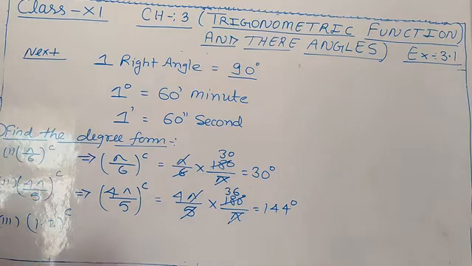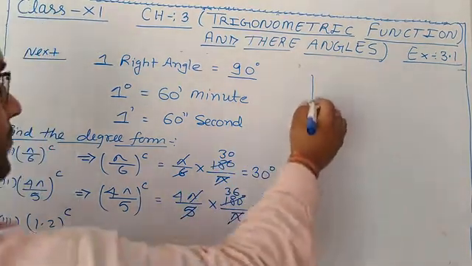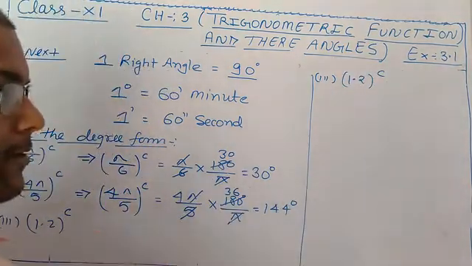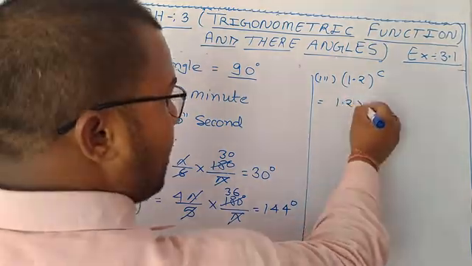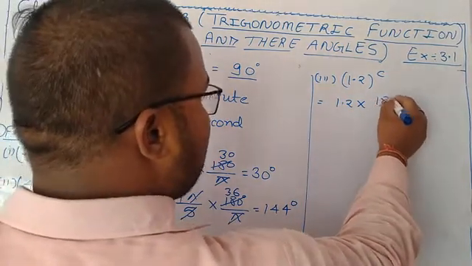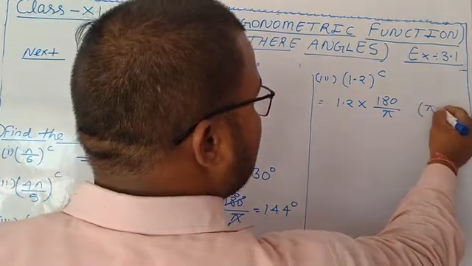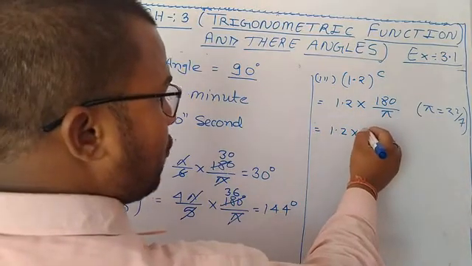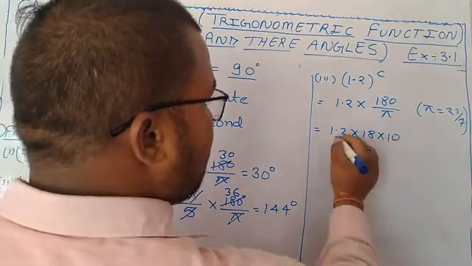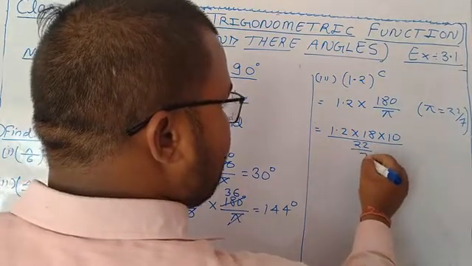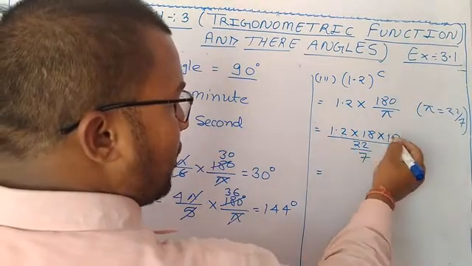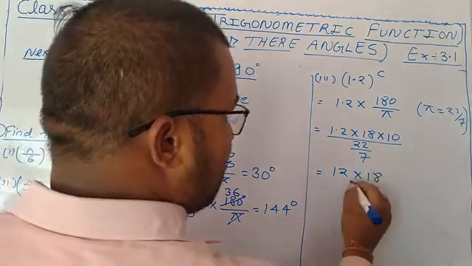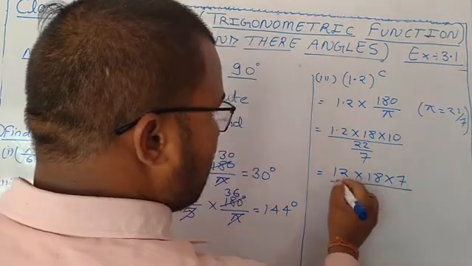Next question, 1.2. Question number 3rd. 1.2 in the form of radian form. Convert to the degree, 1.2 into 180 upon pi, and the value of the pi is equal to 22 by 7. 1.2 into 180 upon 22 by 7. 1.2 into 10 is equal to, student, 12 into 180 into 7 upon 22.